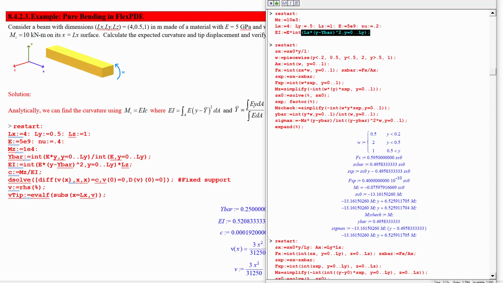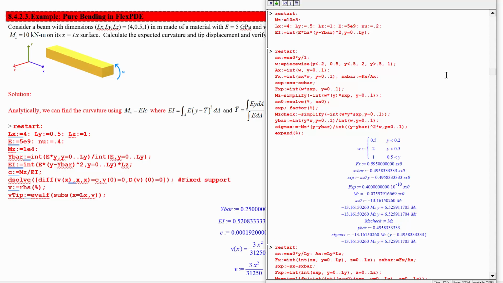But Lz is a constant. We've got the same width all the way through it, and it has the same E everywhere as well inside. So this is just going to give us E times Ly cubed times Lz over 12.